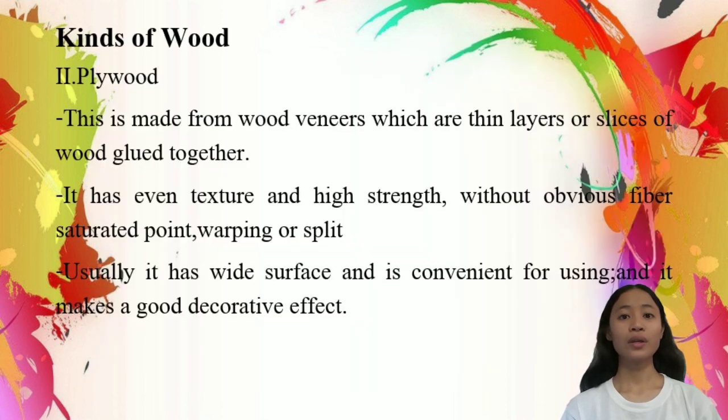Second kind of wood is the plywood. We know that plywood is a sheet material made of multiple layers of standard wood sheet. Paint colors sit best when it is done on something smooth and hard like plywood.